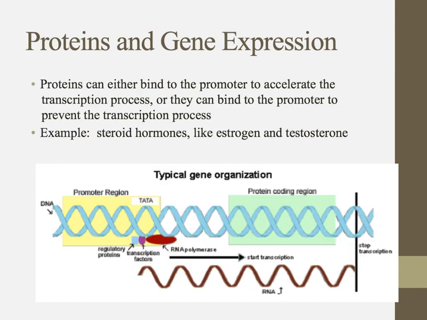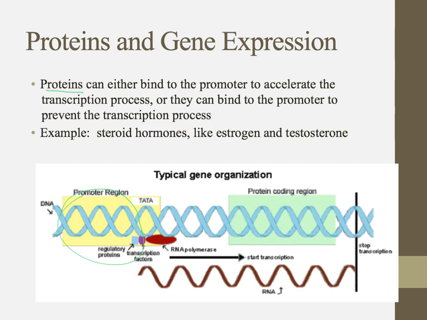Okay, so one of the other ways that we can put the kibosh on gene expression is by having a protein bind to the promoter. Remember, here's our promoter region. That's the region of DNA that tells the RNA polymerase where to start transcribing.